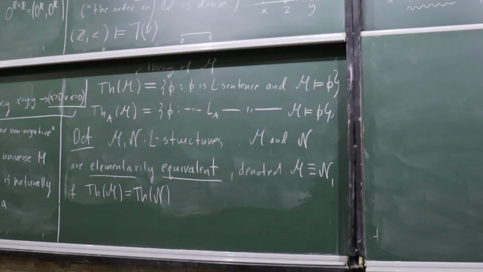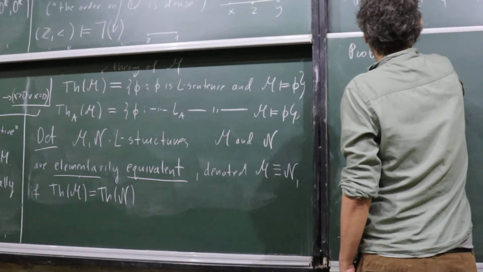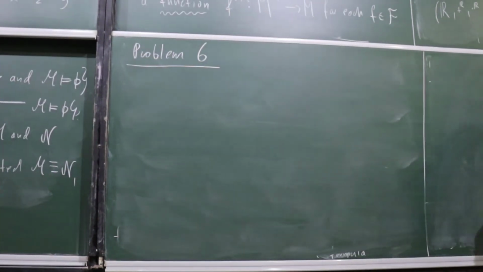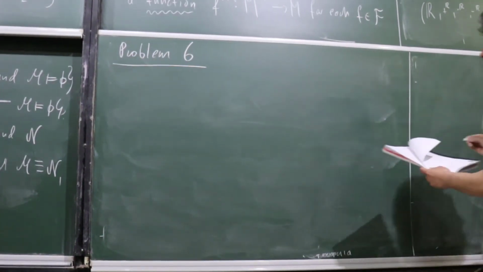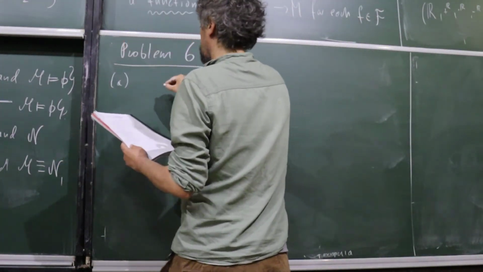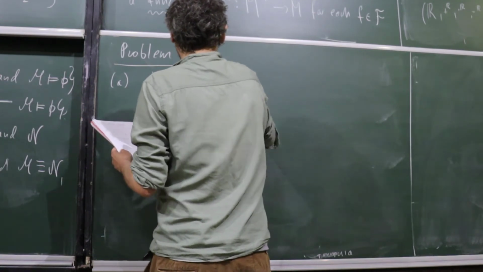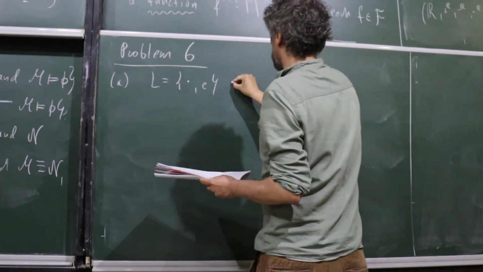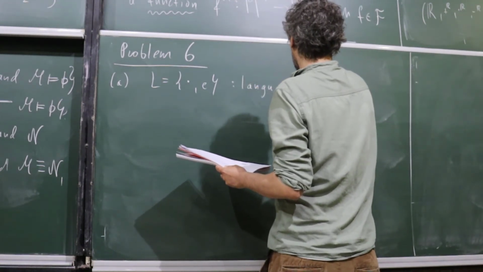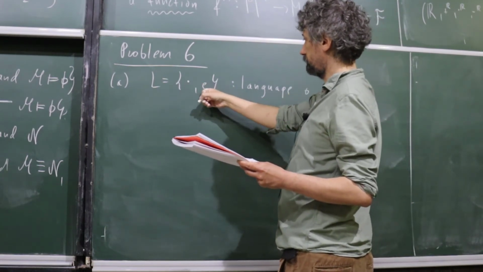So the last two problems for the first problem session. The first one has two parts. The second is a generalization of the first. So let L be the language of groups. So obviously this is a binary function symbol, this is a constant symbol.